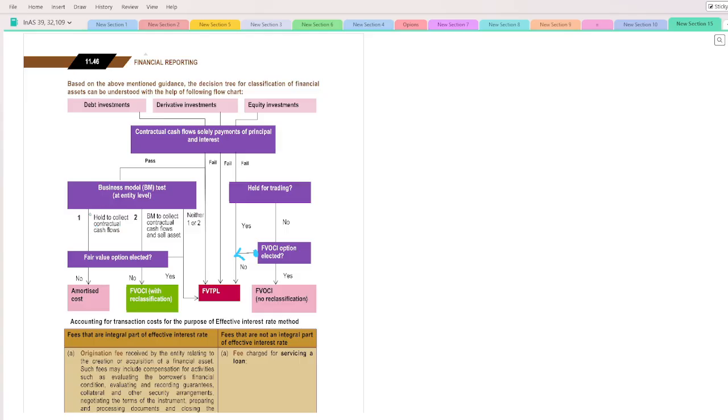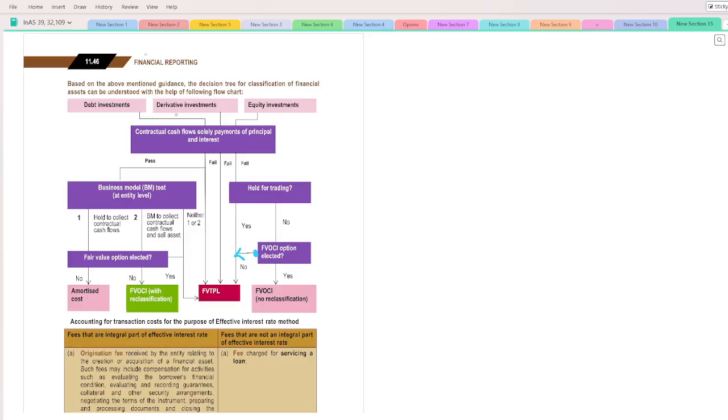If hold to collect is passed, then you need to check whether you are going for the exception, that is the designation, the fair value option. That is another name for the accounting mismatch, fair value option. If you haven't opted for it, then amortized cost will be there. So if this test is passed, and you haven't taken the exception, then amortized cost will be coming for the debt instrument.